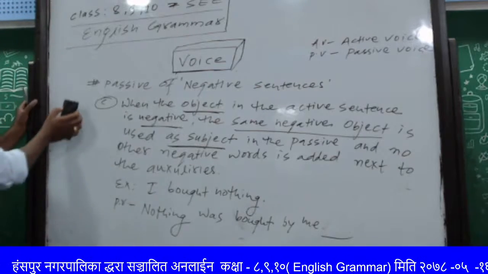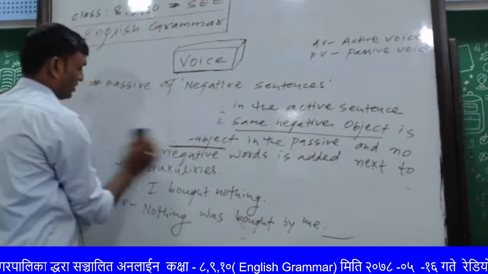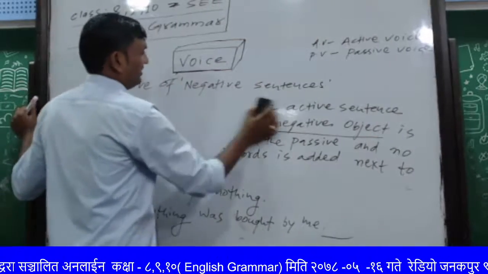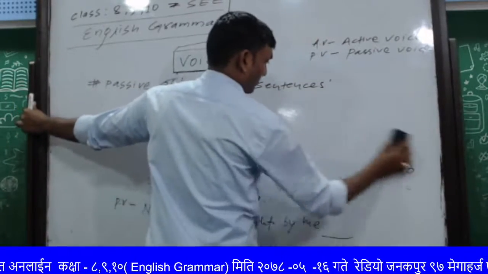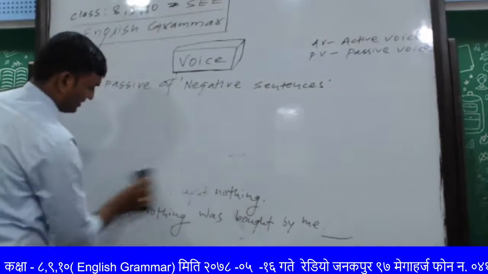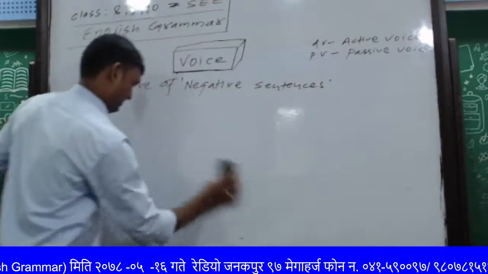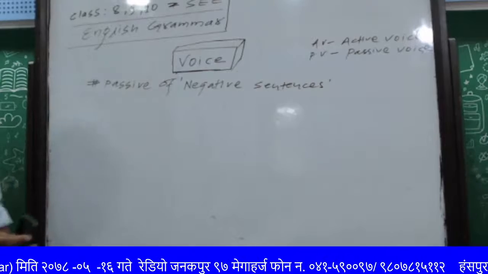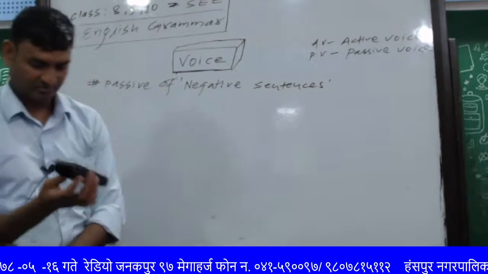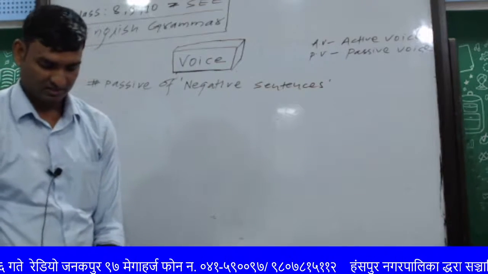Then we are going to the fourth negative sentence. The fourth negative is here. It means when the subject is negative, when the subject is negative in active sentence.